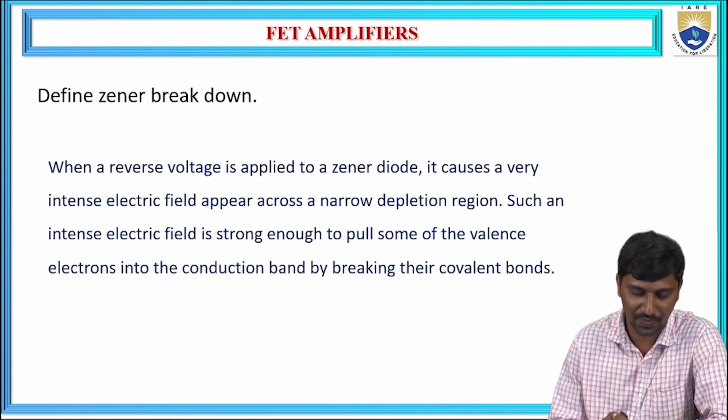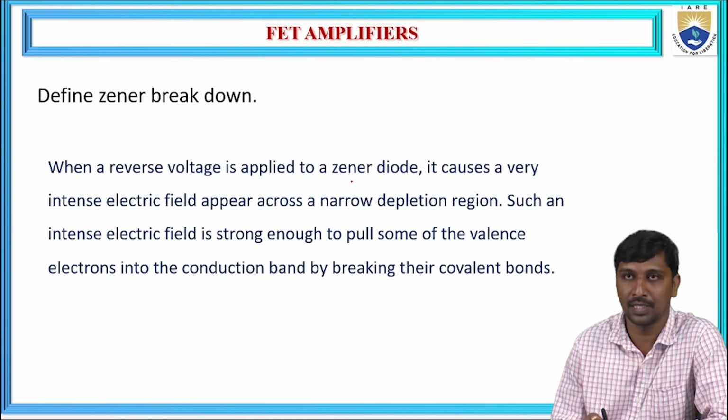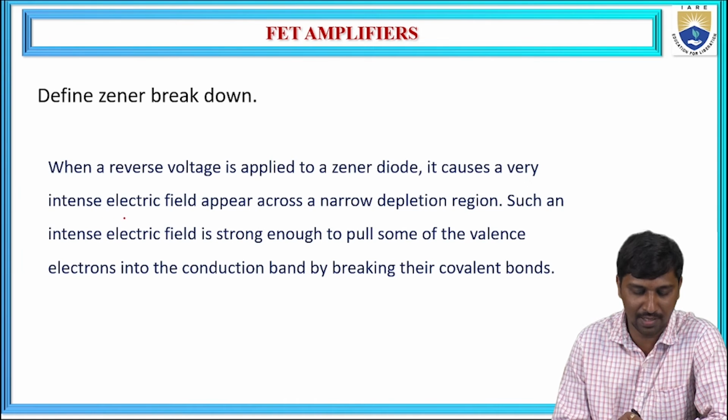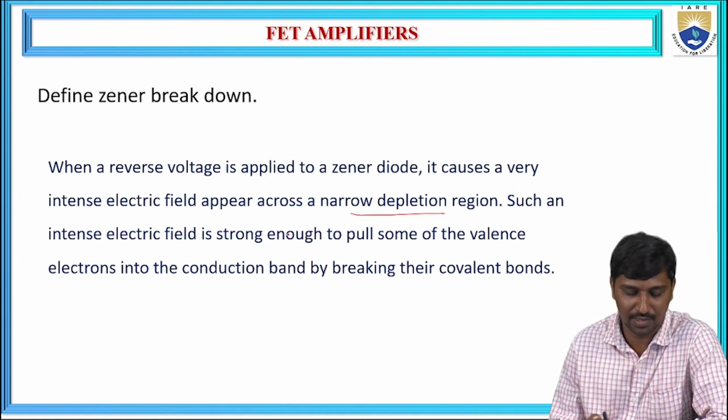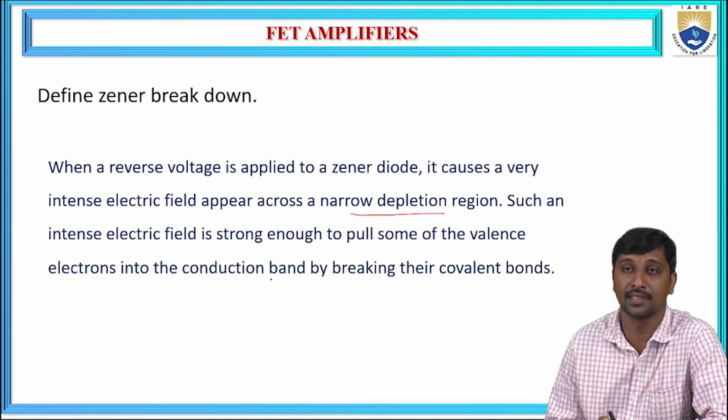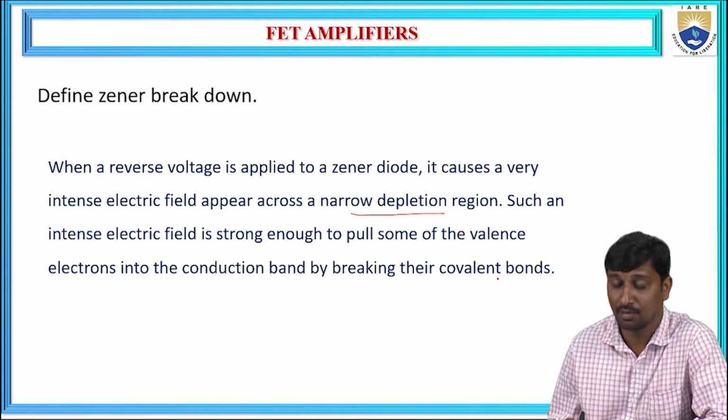So here also, when a reverse voltage is applied to the zener diode, it causes a very intense electric field across a narrow diffusion region, such that the electric field is strong enough to pull some of the valence electrons into the conduction band by breaking their covalent bonds.